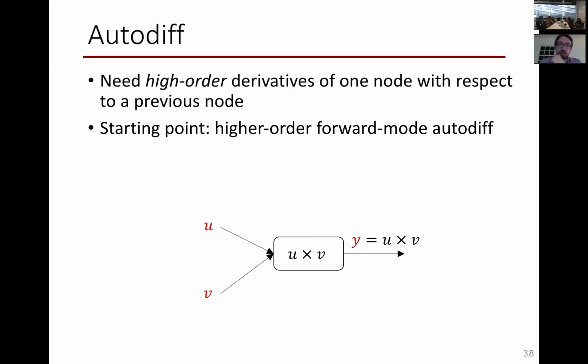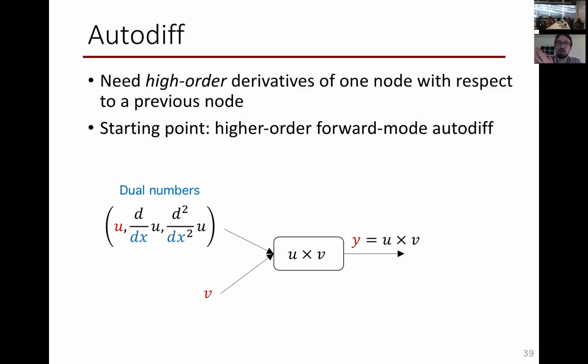In Autodiff, we're going to replace these scalar inputs with dual numbers. A dual number you can think of as just a data structure. It could just be a list that contains the scalar value, in this case u, and the value of the derivative of u with respect to x, and then possibly some number of higher order terms.